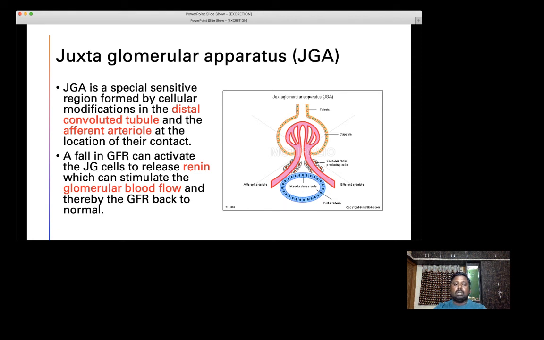How does it work? If the glomerular filtration rate is reduced, immediately the juxtaglomerular cells present in the distal convoluted tubule or afferent arteriole release a hormone called renin. Then the glomerular blood flow increases in that area, and automatically the glomerular filtration rate returns to normal.